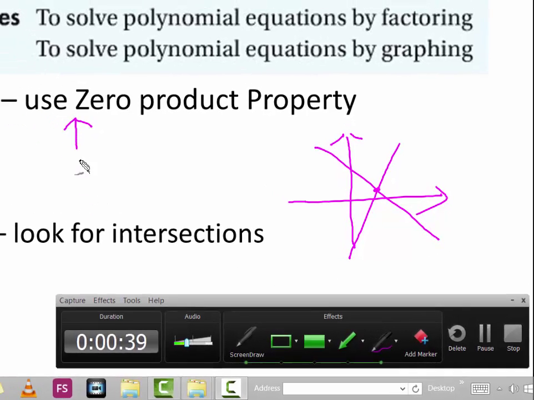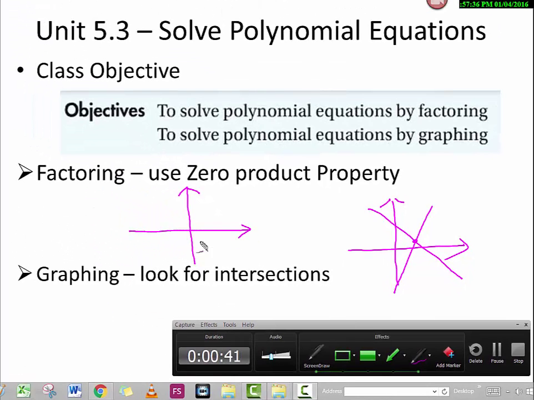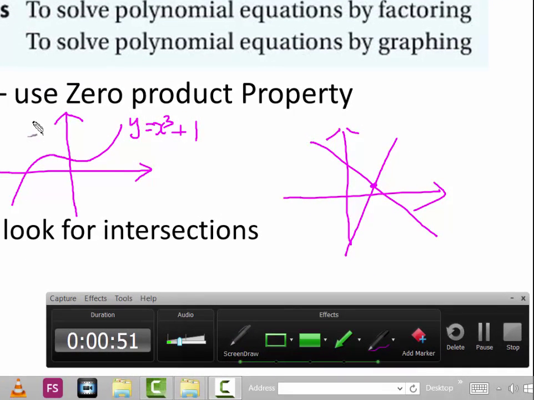If you have a system of two polynomial functions, say this is y equal to x cubed plus 1, and you have another one, say y equal to x squared, the solution is the intersection point for this system of these two polynomial functions.